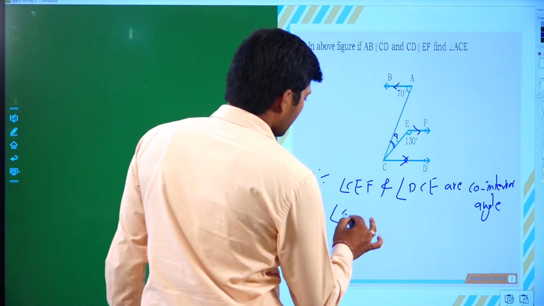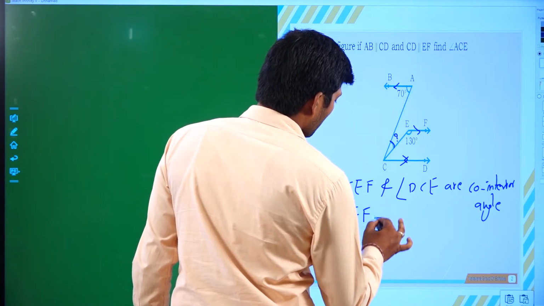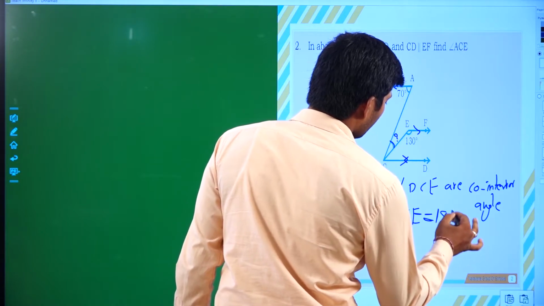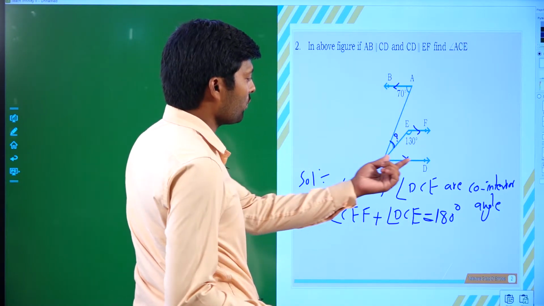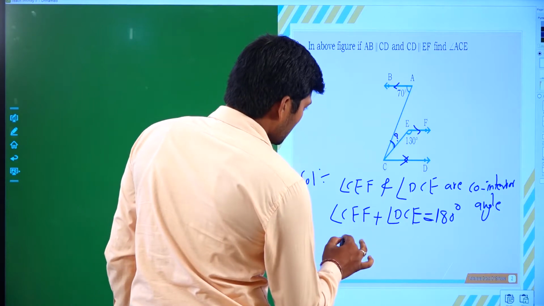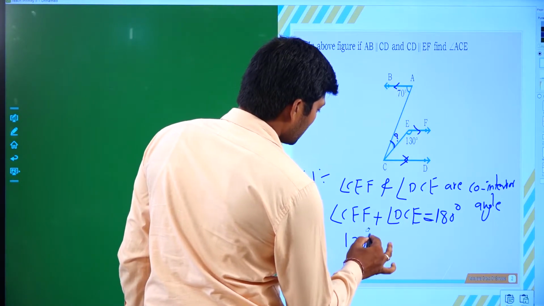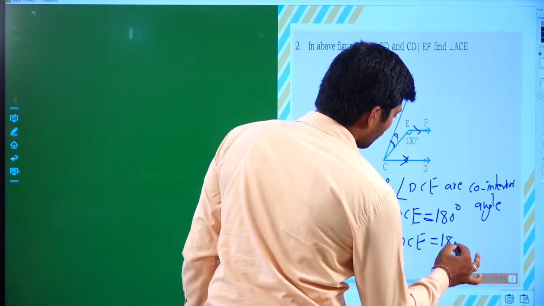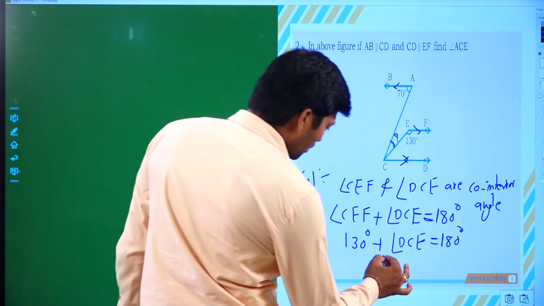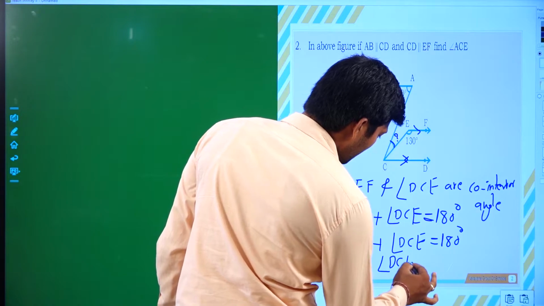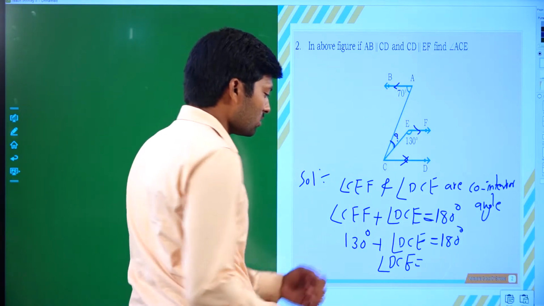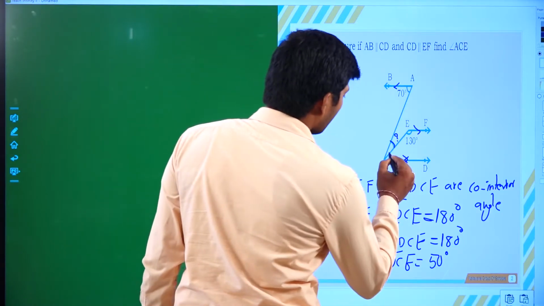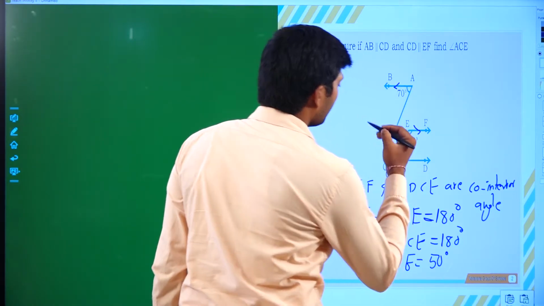That is, angle CEF plus angle DCE is equal to 180 degrees. So from this, what is the value of angle DCE? 130 degrees plus angle DCE is equal to 180 degrees. So angle DCE is 180 minus 130, which will become 50 degrees.